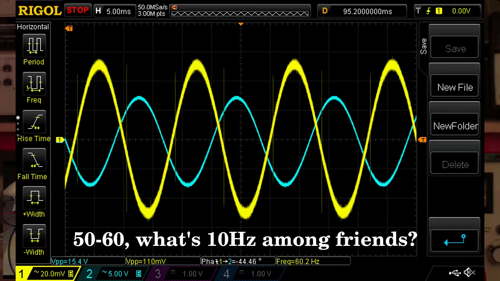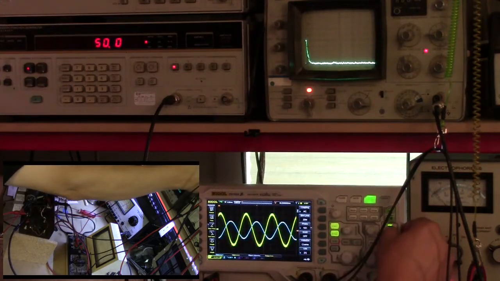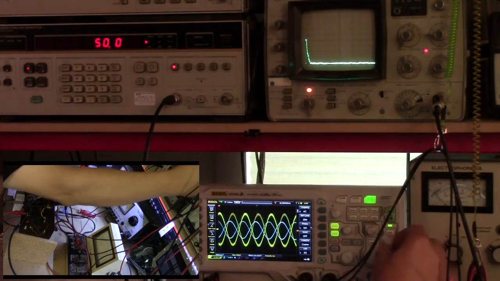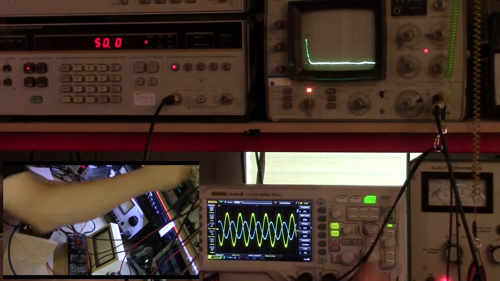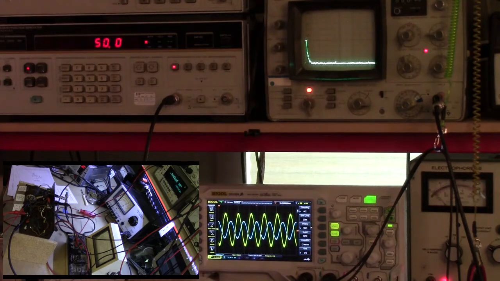Okay, which is great. This scope is kind of squirrely on me. It doesn't want to trigger right. There we go. Okay, so this is the low end of the frequency response, which is 50 hertz, which is pretty good.